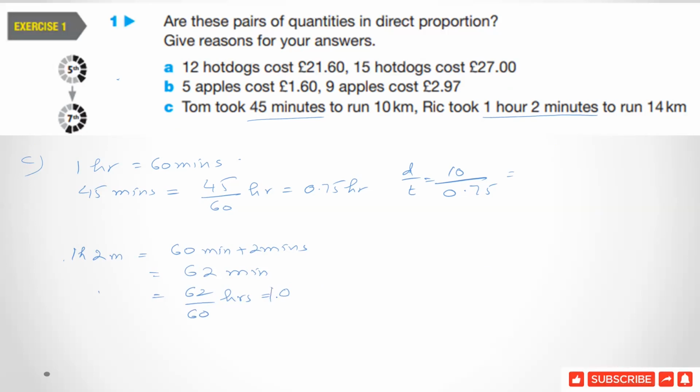So here we write 1.03 hours. Again, the distance over time becomes how much? 14 kilometers is the distance, divided by 1.03.